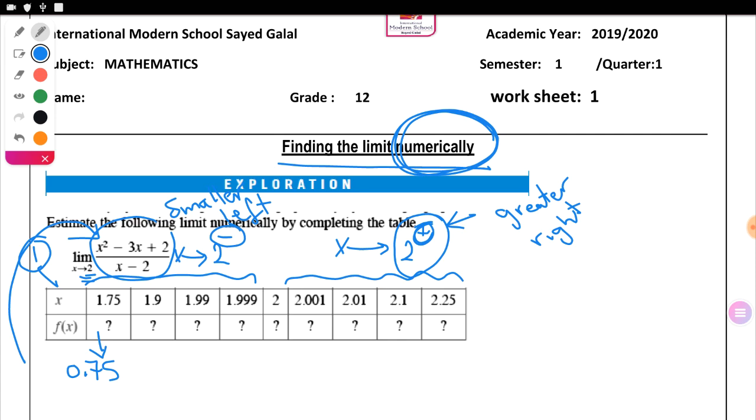If you replace in the function, it will be 0.9. It's very important. Just substitute. It's so easy. The other one, it will be 0.99. For the fourth value, three values are enough, but here I give you four values to make sure. Okay, the first one here, it will be what?